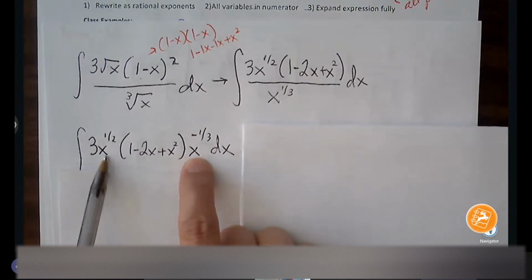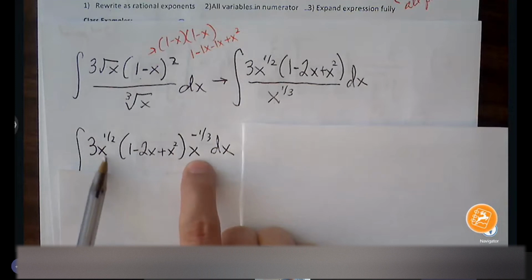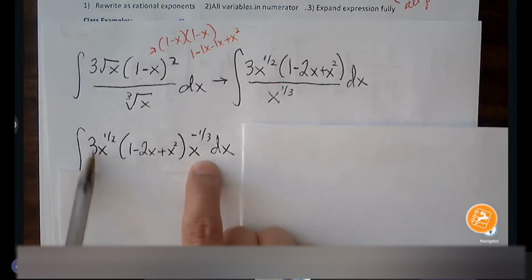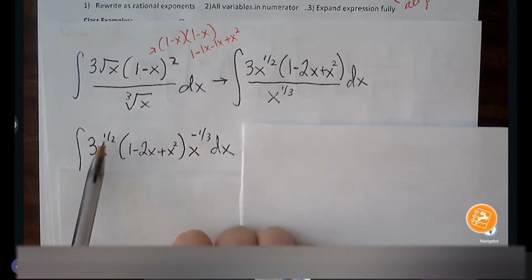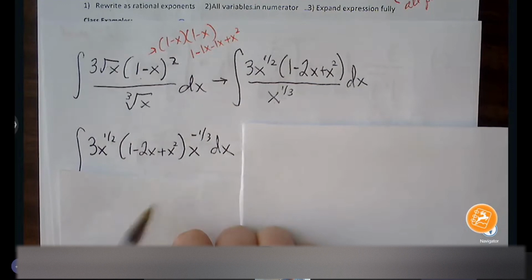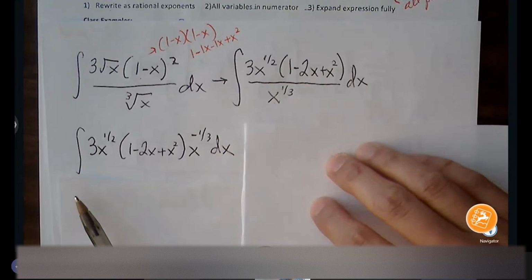Because the thing with multiplication is I can rearrange and combine in whatever order I like. So if I move this x to the negative 1/3 here and combine these together, then I can spend just one time distributing through rather than multiple times. So that's just my way of trying to reduce the amount of work.